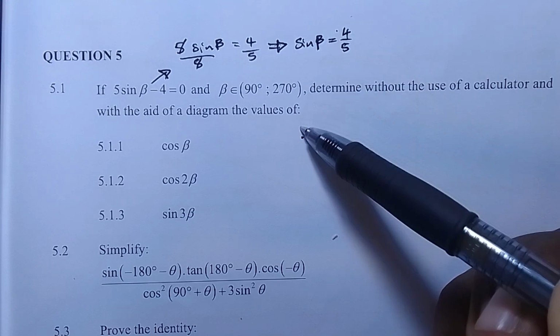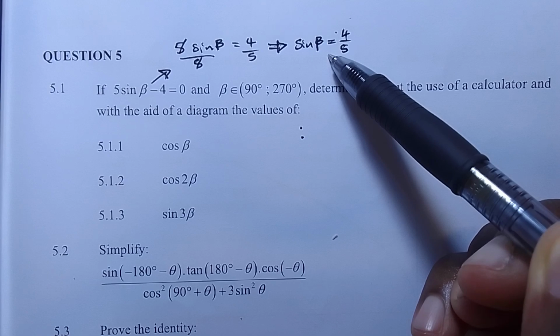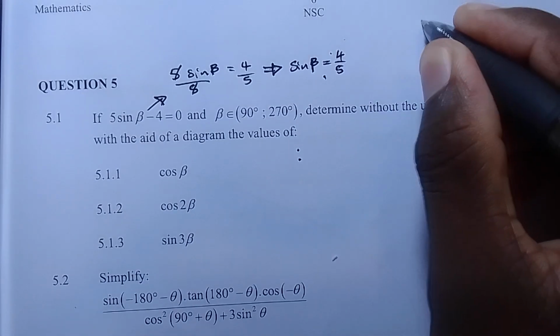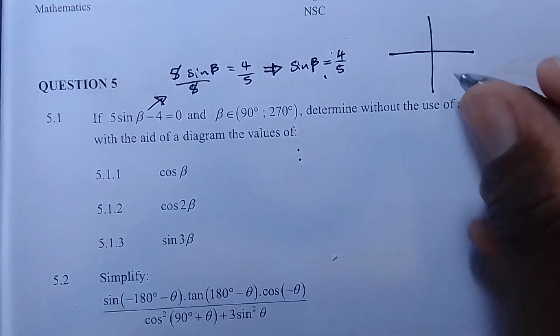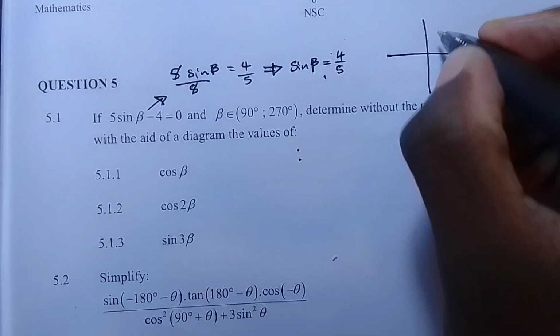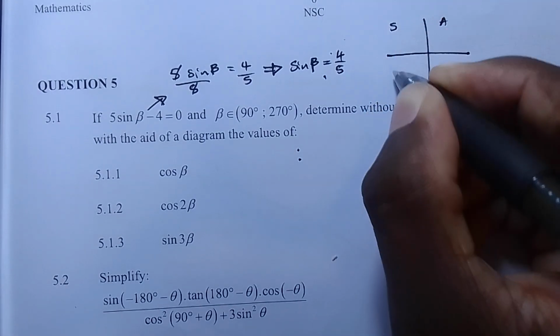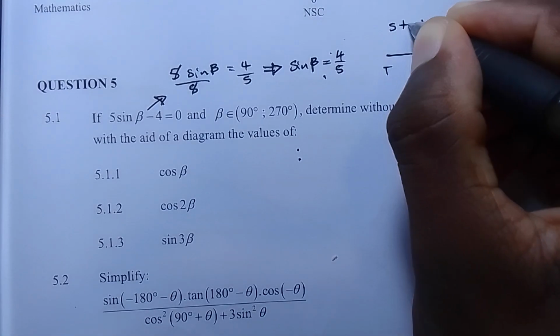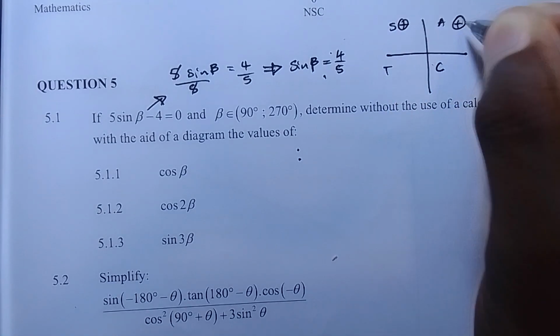Now between the second and third quadrant, where is sine positive? Sine is positive in the second quadrant. You could say all students take coffee. Sine is positive here and here.